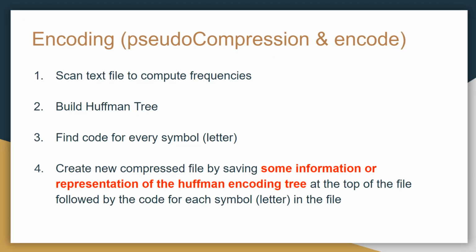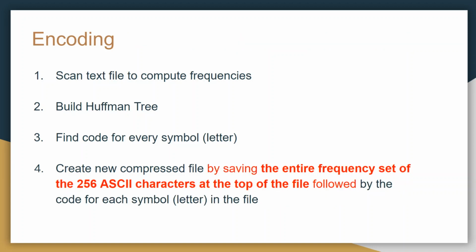So the way this works is you're going to scan the text file that's given to compute the frequencies of all of the symbols. Then you're going to compute and build the Huffman tree. And then you're going to find the code for every symbol. And you're going to create a new compressed file by saving some information representing that tree at the top of the file. In our case, it'll actually be at the bottom of the file, though.